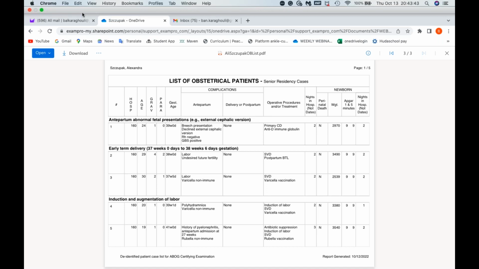An internal podalic version is when you have your second baby that is in a non-cephalic presentation and you use the presenting part, which is the foot, to rotate the baby and then engage the head. And so you're going to turn the baby inside and deliver cephalic for the second? Yes.